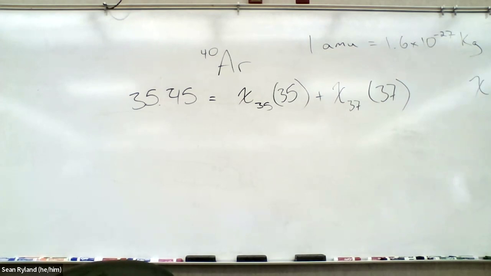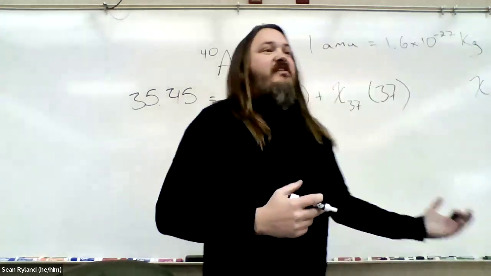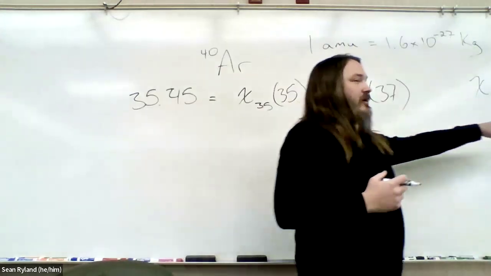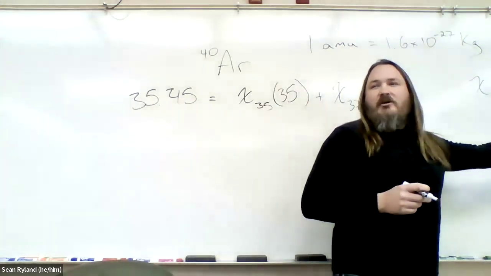We know that. Solve for one of them over here and then plug it into the other expression, right? So let's just say we solve for chi-35 equals 1 minus chi-37. Again, if we were doing this with percentages, it would just be 100, right? We know that your percentages have to add up to 100.